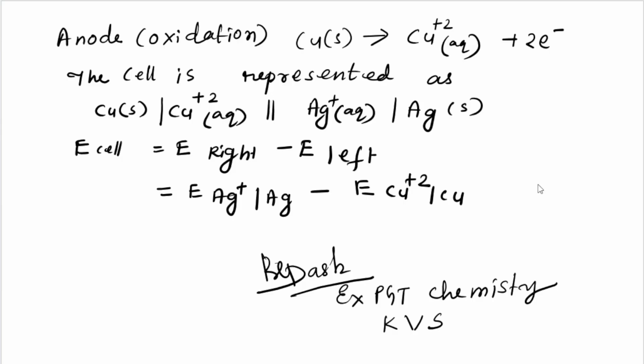So E cell equals E cathode minus E anode, that is E of Ag+|Ag minus E of Cu2+|Cu. That means E cathode minus E anode. I hope it is clear to you, and in the next topic I will clarify all the points.